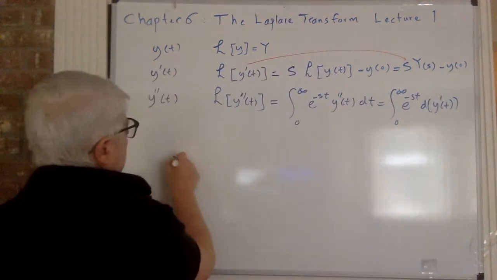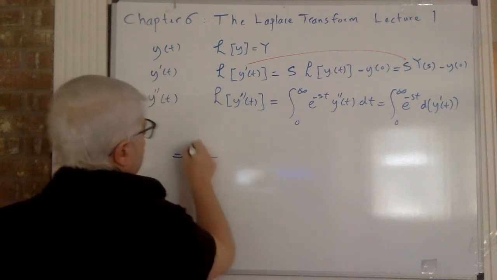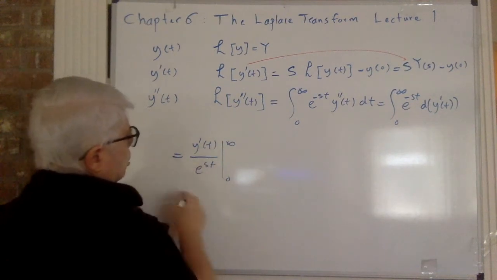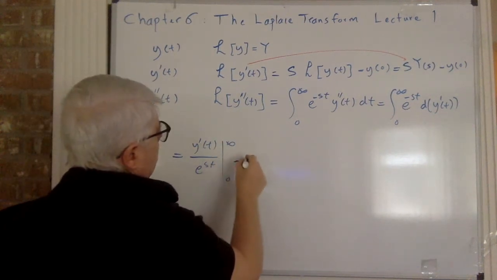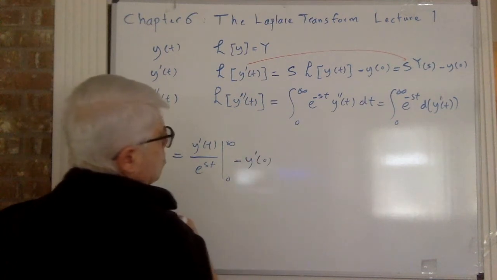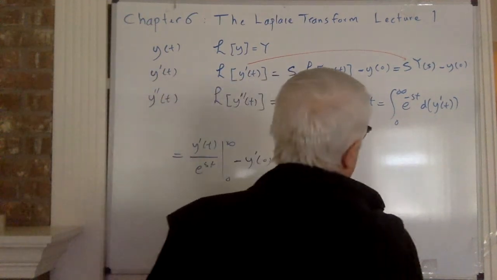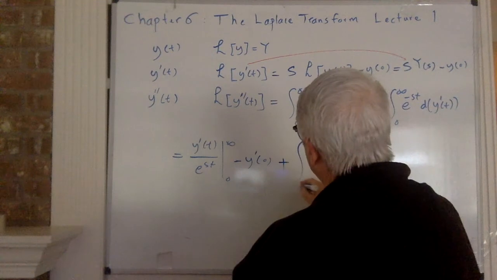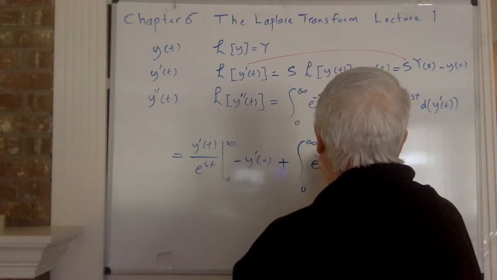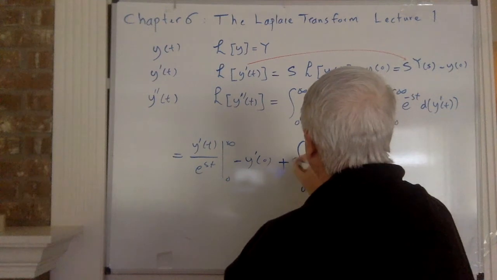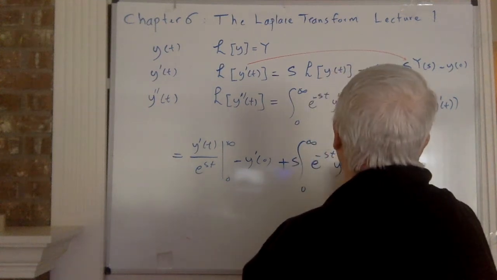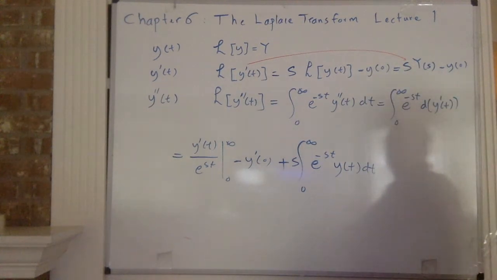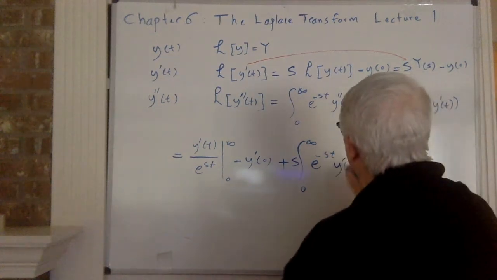And that is again, like the other one, y prime t over e to the power st from 0 to infinity. Again, I assume that this goes to 0, minus y prime at 0, right? Plus, again, it's similar to that, integral 0 to infinity, except I have e to the power minus st and s here, y prime t dt.